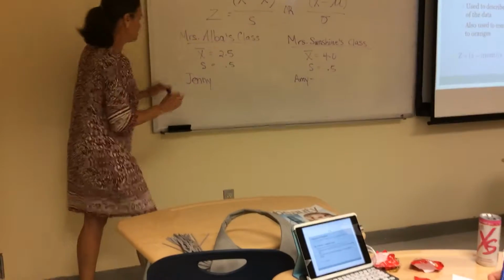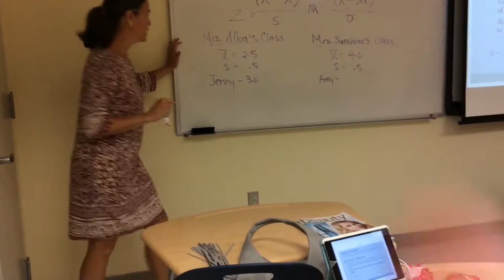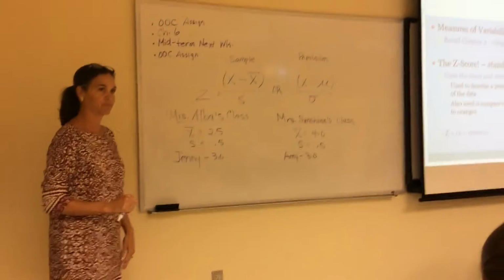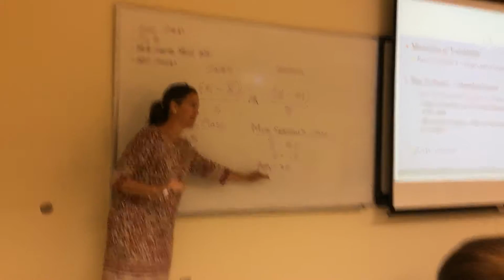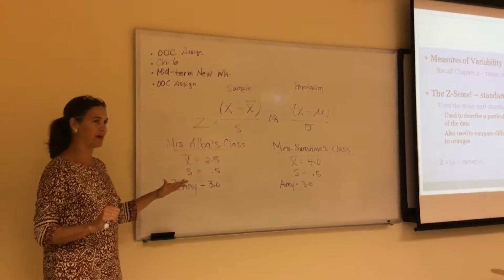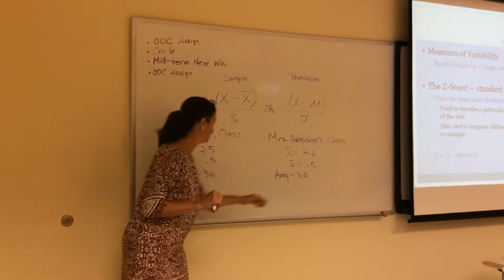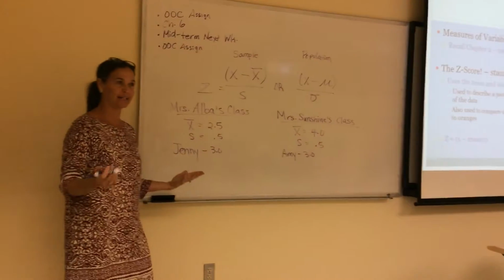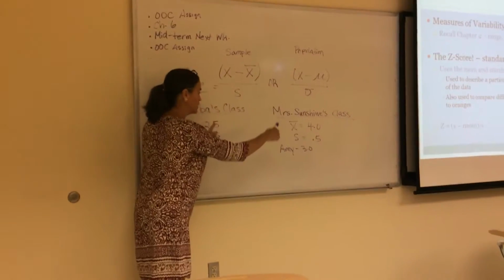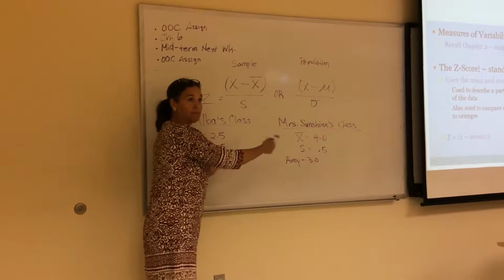Maybe Jenny was liked at a 3.0, and Amy, in Mrs. Sunshine's class, was also liked at a 3.0. If we use this as our data in our analyses, we really would be comparing apples to oranges without doing the necessary work ahead of time, because it looks like they're equally liked, right? They both got 3.0s. But they come from different data sets, different distributions, different classes with different means, and the same standard deviation here, though it could potentially be different, right?